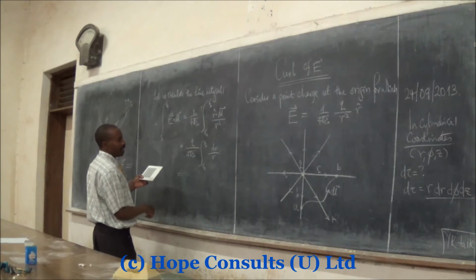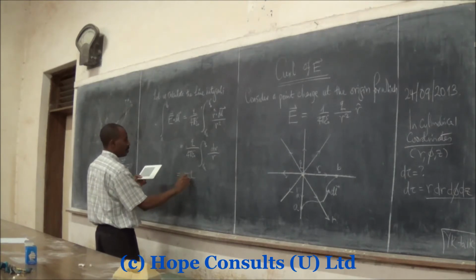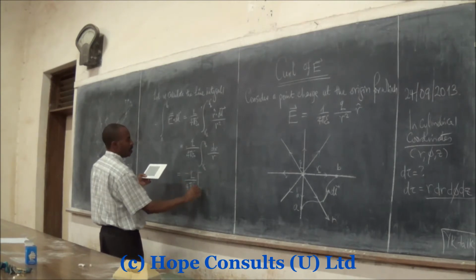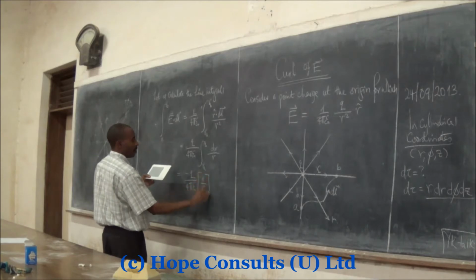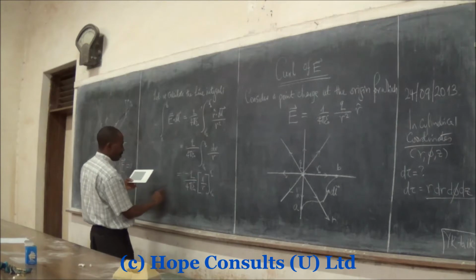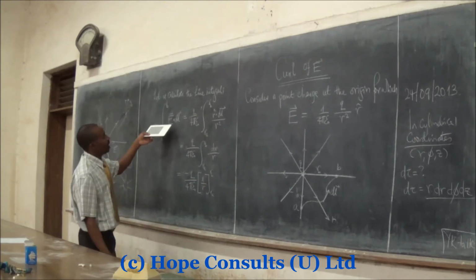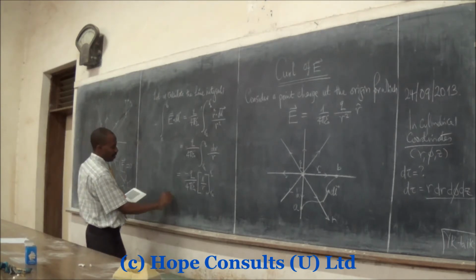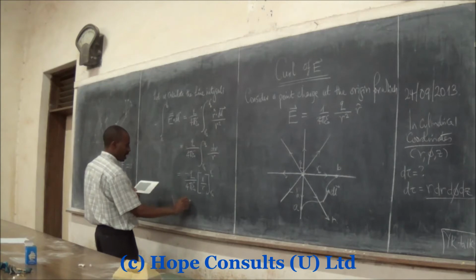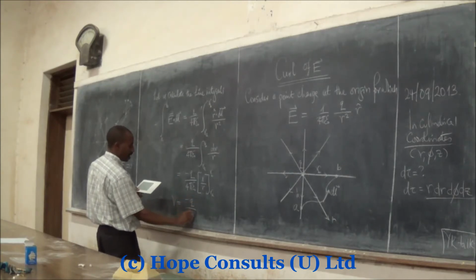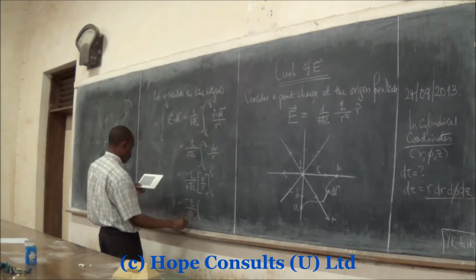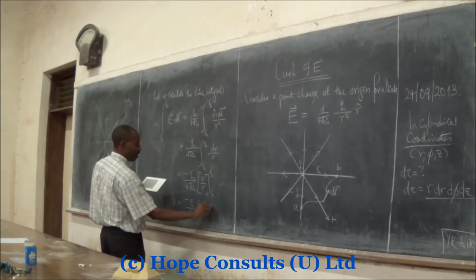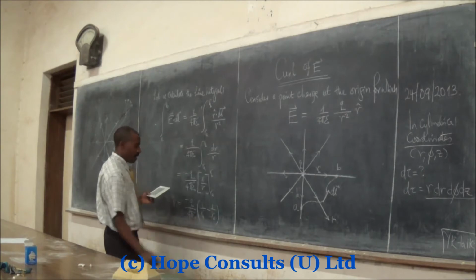If you do the integration, which I trust you do better, this would be Q over 4 pi epsilon naught times 1 over R from RA to RB. Therefore, this integral of E dot dl is known as the potential V, which is equal to minus Q over 4 pi epsilon naught times 1 over RB minus 1 over RA.